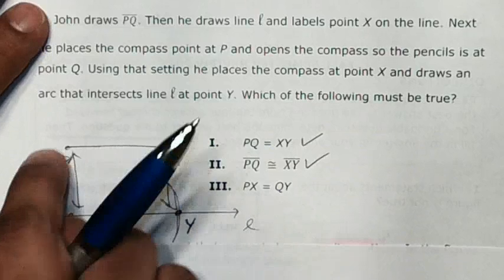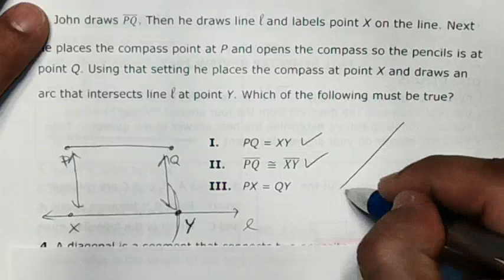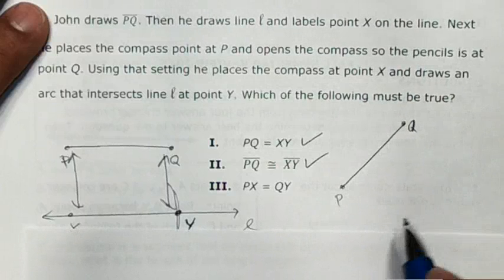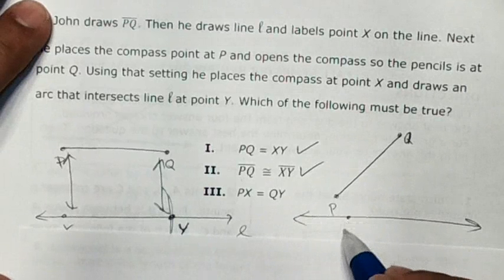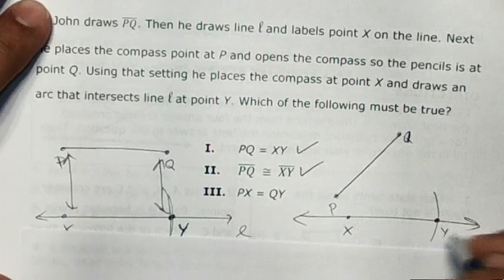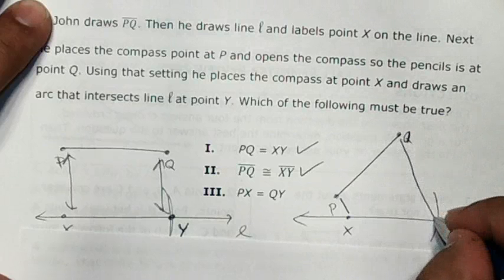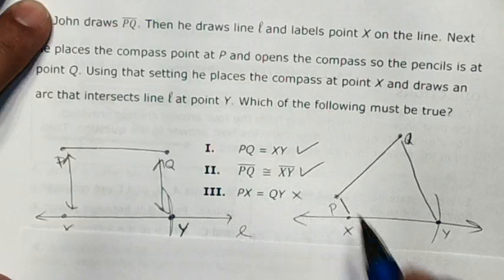I happen to draw them both horizontally, but I could have taken PQ and drawn it going this way, and then drawn line L going this way. And if I labeled X here, and I did my arc, and I labeled that point Y, this distance here is not the same length as that distance there. So this one would not be true.